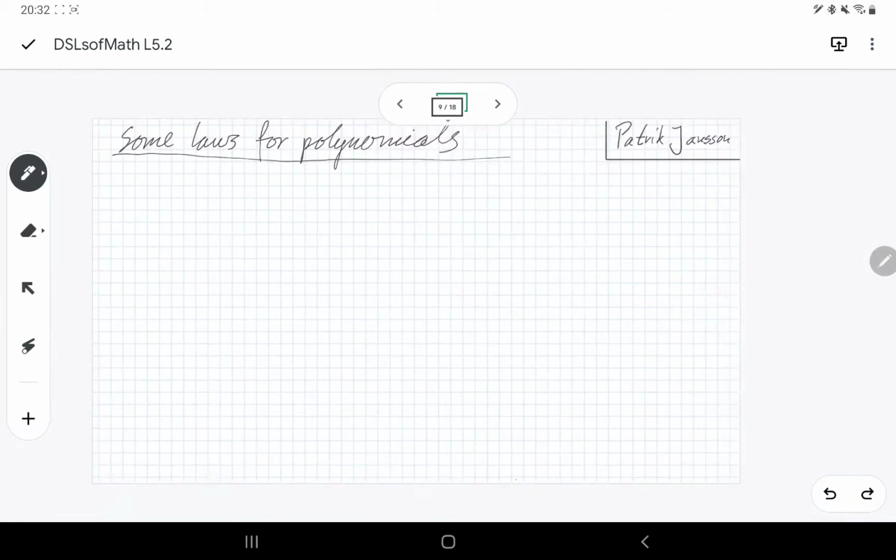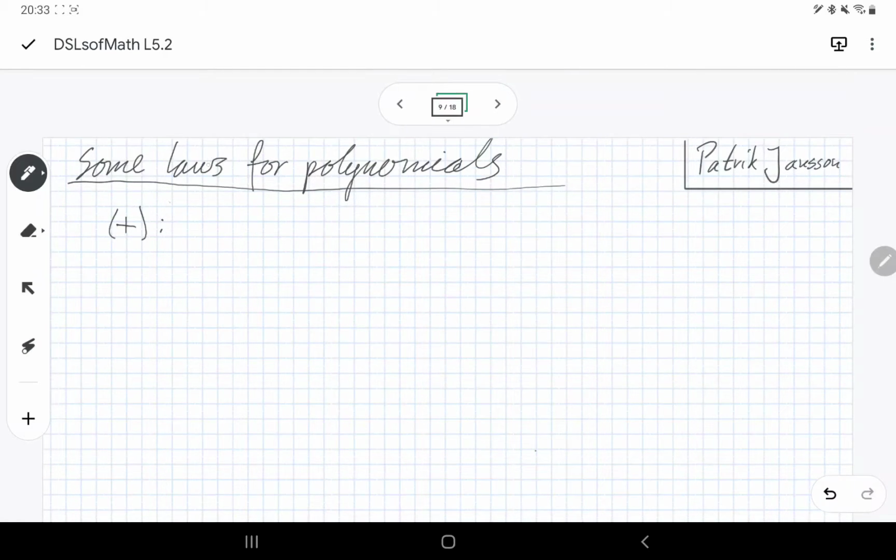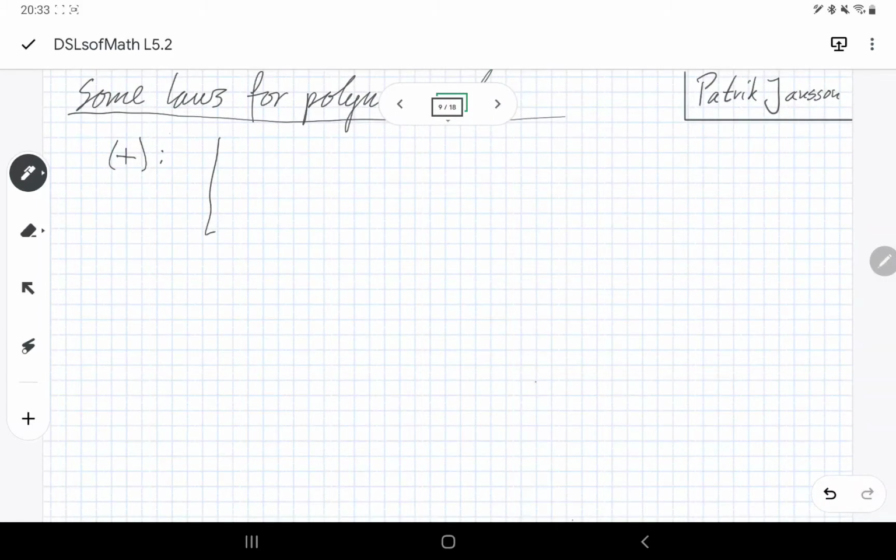So I'm assuming here that we have addition, which is of type list of A to list of A to list of A, where A is a ring.